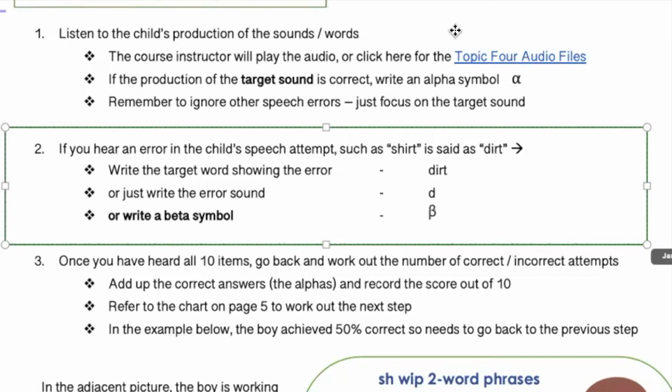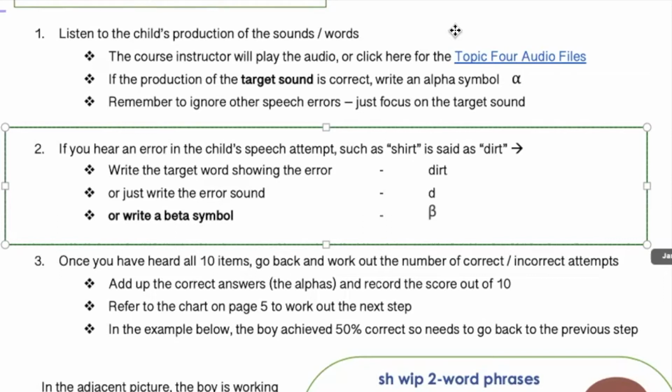So we're just scribbling it down using our normal spelling and just changing, here we'd change the sh to the d. If we don't really have time or we're a bit unsure if we can get the whole word down, we can just write the d. We can also do this if the rest of the word's correct and the only error is on the first phoneme, we might just put the d.